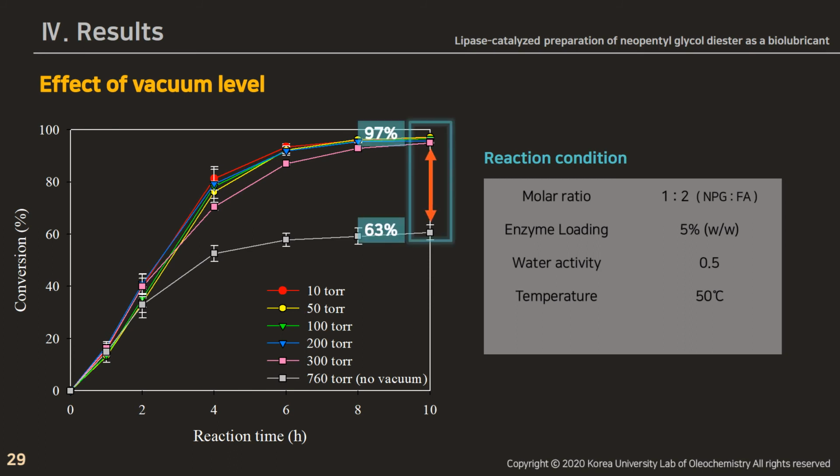However, when we applied vacuum, the conversion increased markedly up to 97% at 8 hours, and there was no significant difference in the conversion between 10 and 200 torr. Therefore, we selected 200 torr as the optimum vacuum considering energy saving.